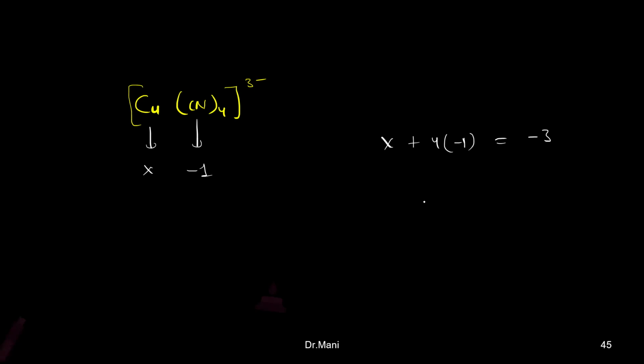So -3 plus 4, it is +1 charge. So the oxidation number of copper is +1. Understood? Oxidation number of copper is equal to +1.